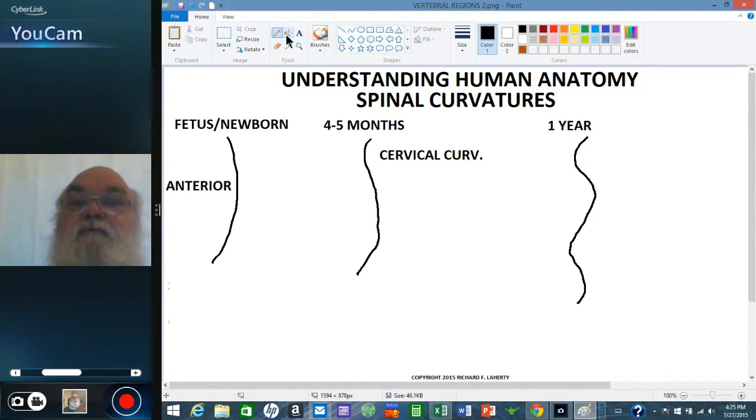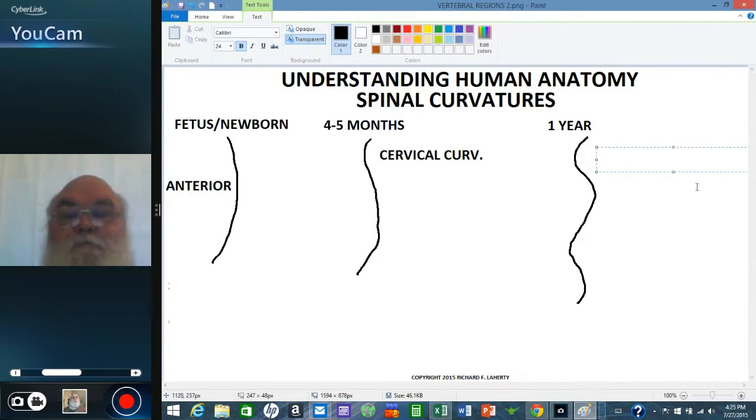So, again, putting some labels in here. This would be the cervical curvature.